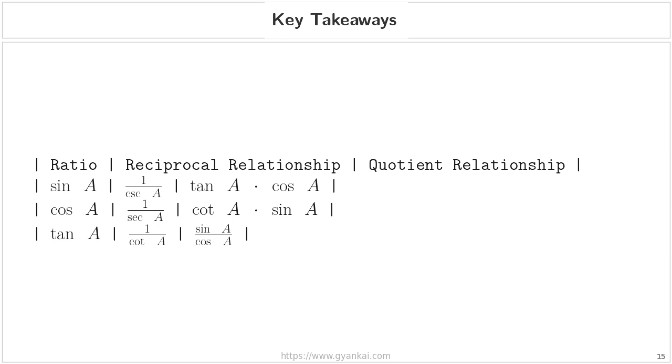Tangent of A is the reciprocal of cotangent of A, and, as we proved mathematically in slide 8, the quotient relationship is simply sine of A divided by cosine of A.